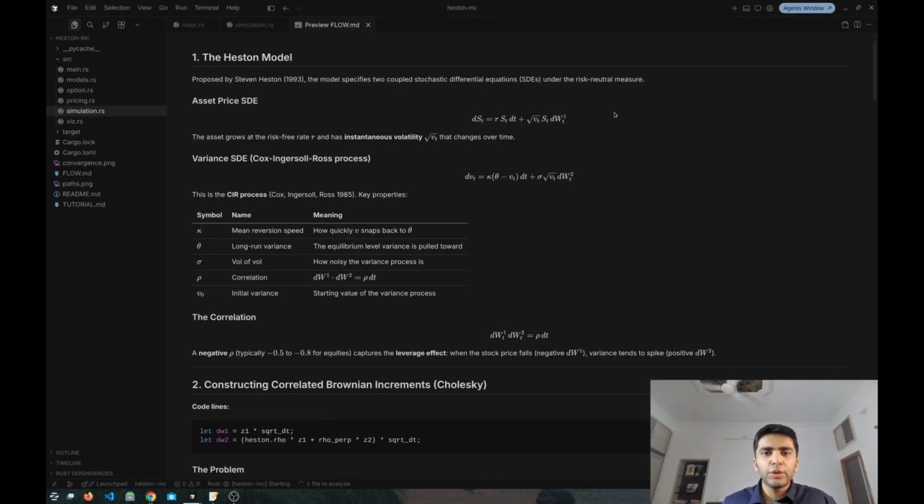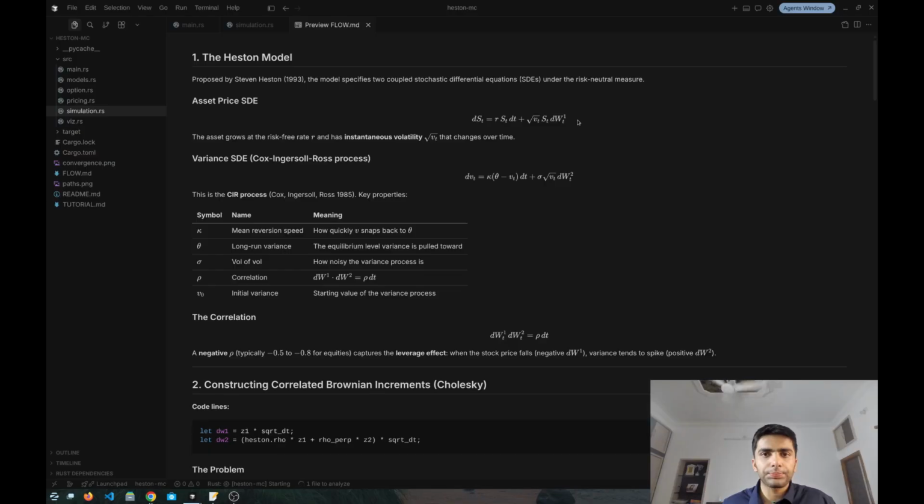Now before jumping into the code directly, let's first understand what the Heston model is and how Monte Carlo simulation is used to get the expected option price from the Heston model. So first, let's understand why we even need the Heston model. As we know, its predecessor, the Black-Scholes model, considers volatility to be constant, right? But as we can observe in the market, that is never the case.